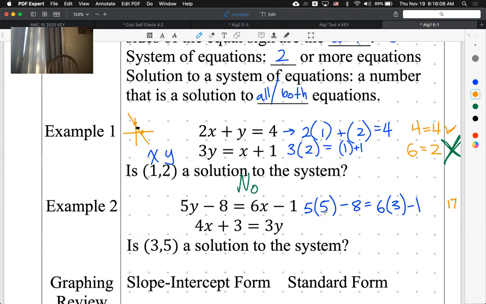Good. And then on the left side, you would get 17 because you would subtract 8 from 25. And what do you conclude from that? 17 equals 17, so it is a solution. That is a solution to that line. Perfect. Thank you. Graphically, that point is on that line. And then the second equation.